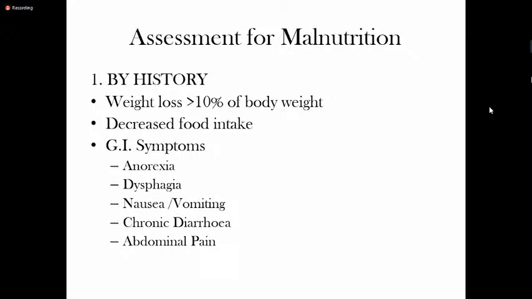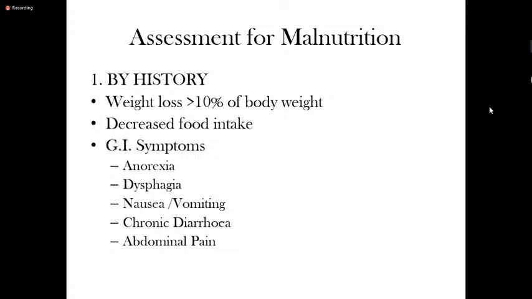When you want to start nutritional support therapy, we must assess these individuals. The assessment is first done by weight. If there is weight loss greater than 10% of the normal body weight, then we consider that person malnourished. They may have decreased food intake, and they can also have symptoms.